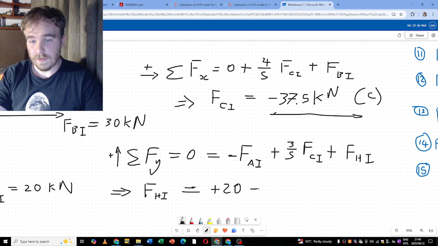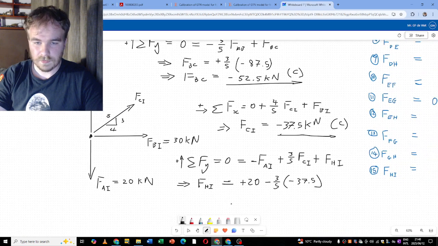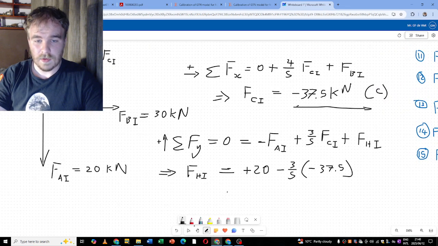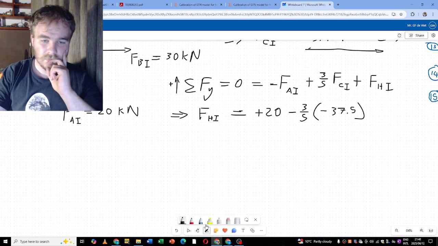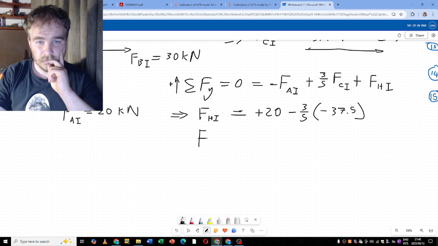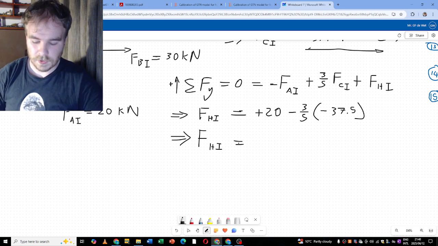This one becomes negative, it's minus 3/5, but the value of FCI is negative, so times minus 37.5. So FHI, and already I see that it's going to be a big positive value.